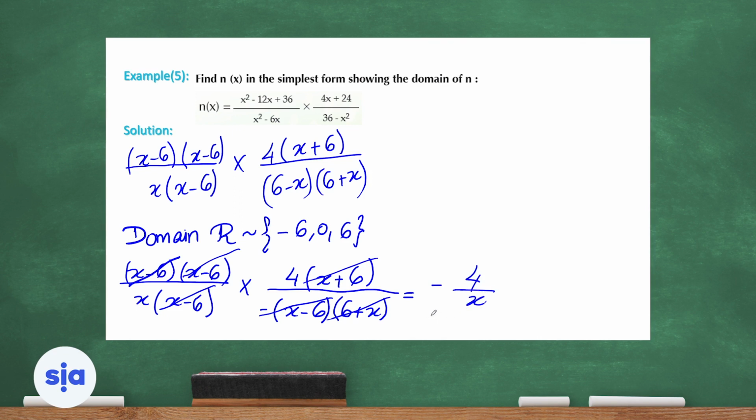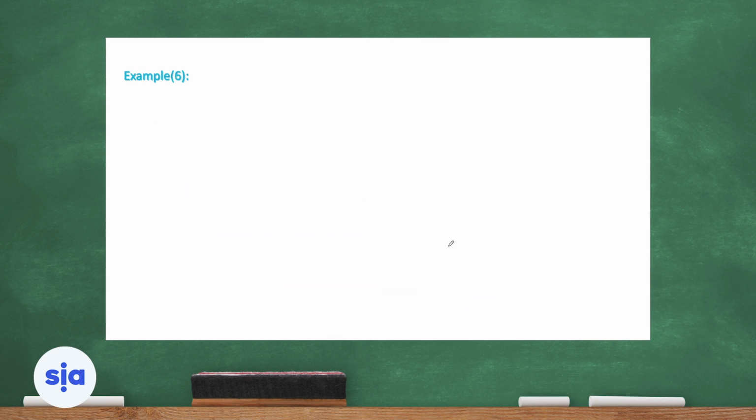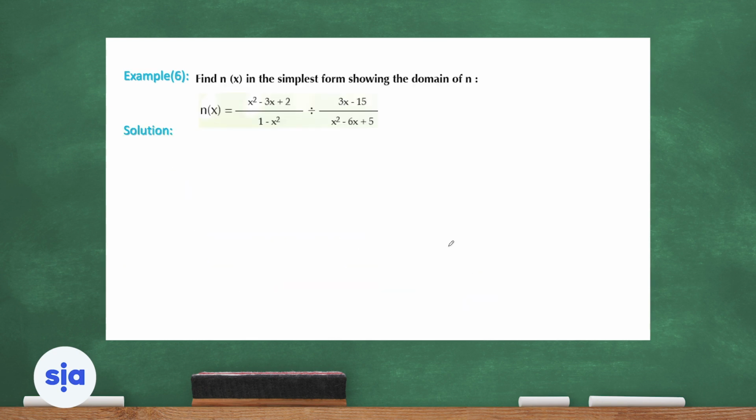One more example. In example 6, it's division. Let's factorize first the first fraction: x minus 2 and x minus 1.